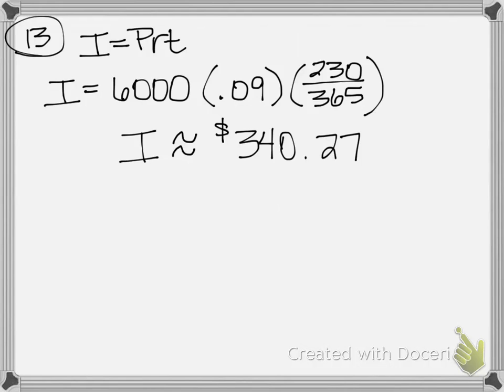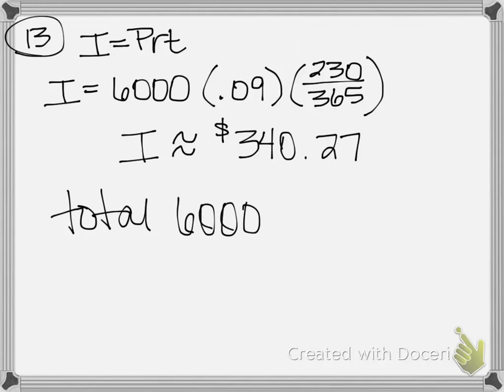Now the problem says find the total amount that must be repaid. Now you're not repaying $340.27. That's how much extra you're paying back on top of the $6,000. So the total. How did you get that? All right, so our total is actually $6,000 that we originally borrowed plus the interest.